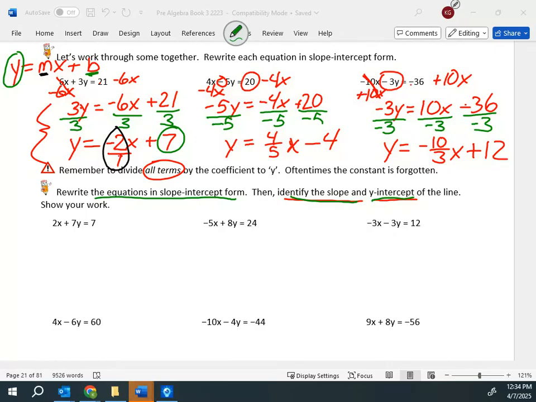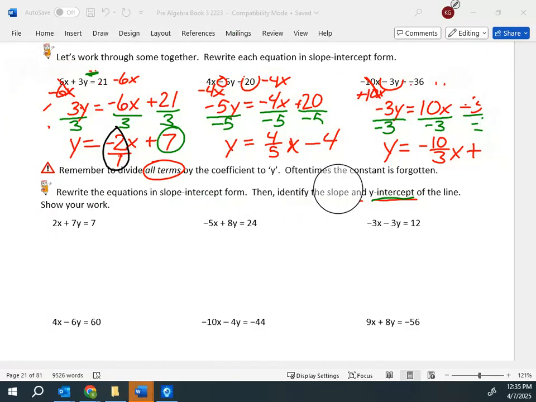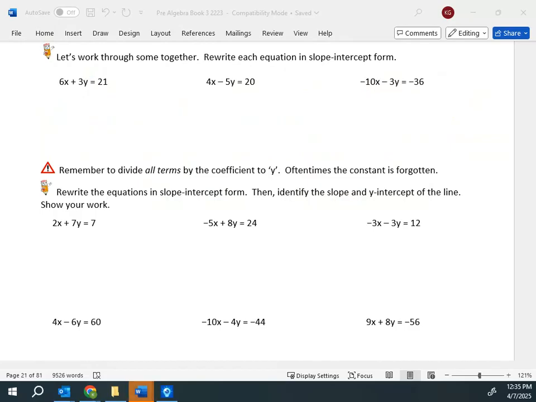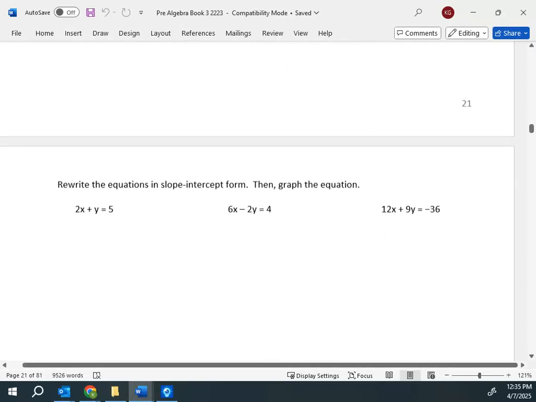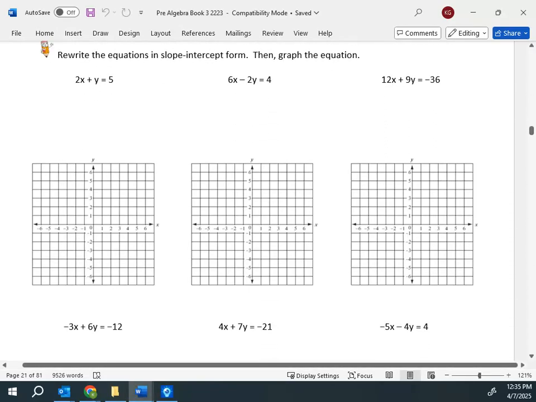So we have this page, and let's look at our second page. It says rewrite the equations in slope-intercept form and then graph the equation.